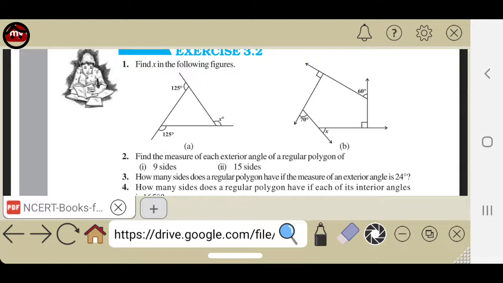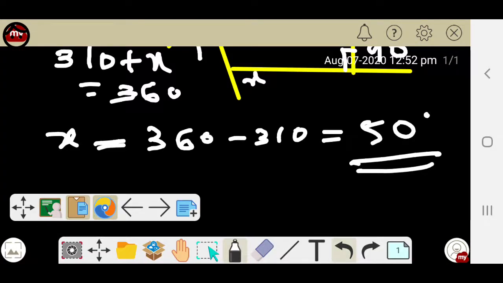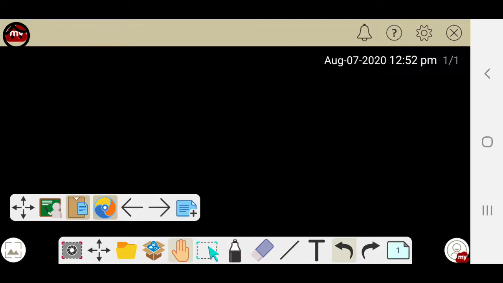Regular polygon means its sides are equal and its angles are also equal. So dear children, if there are 9 sides, there will be 9 angles also. If the measure of one angle is x, how many angles are there in total? 9, because it is a regular polygon of 9 sides.